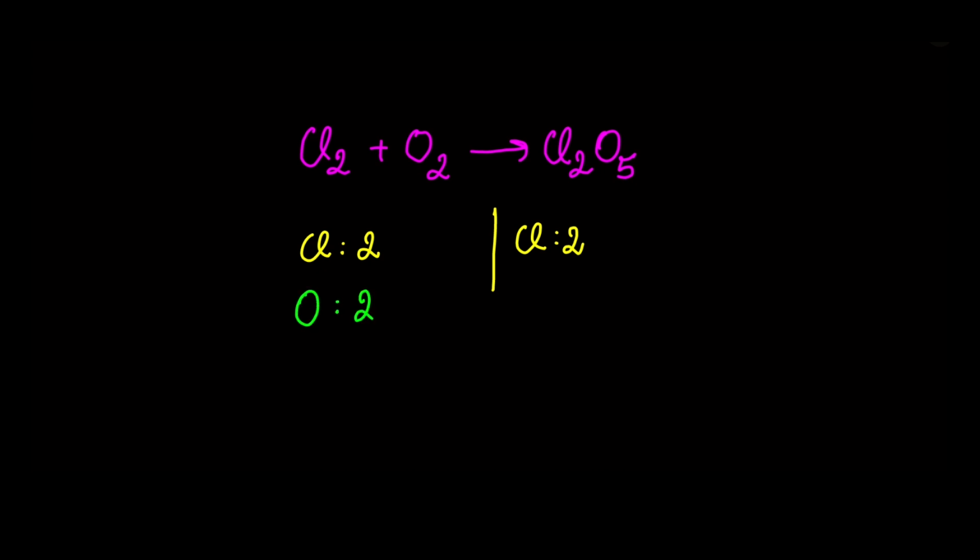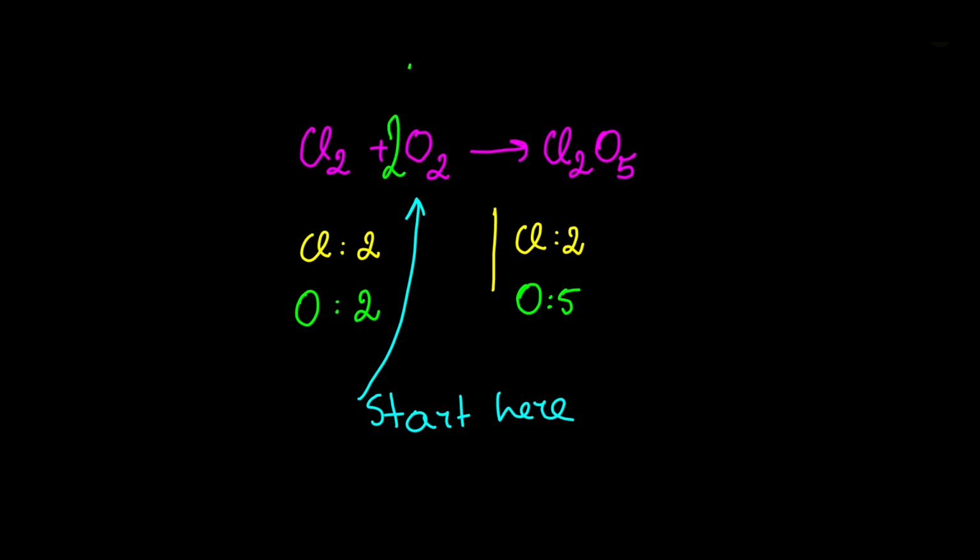For oxygen, we have 2 and 5. Let's add some coefficients for this reaction. Because chlorine has an equal number of atoms, we of course start with oxygen. And remember that you start with the side where there is a smaller number of atoms. All we need to do is decide what coefficient we want to write in front of the oxygen.